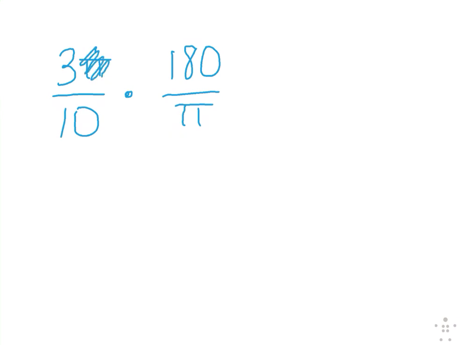Somebody ate it and it's all gone, and it wasn't me. What's 3 times 180 divided by 10? 54. Close only counts in horseshoes and hand grenades.